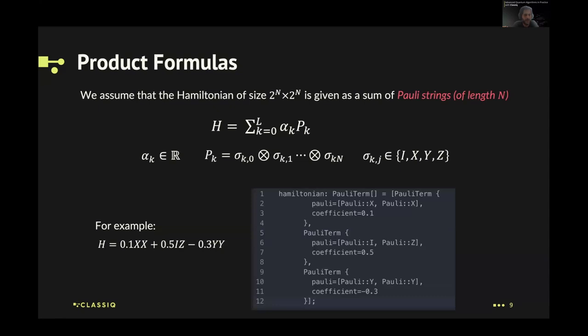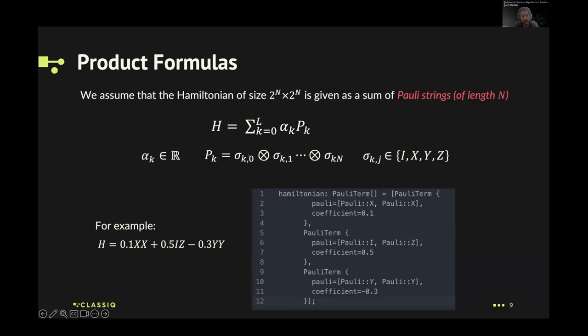Okay, so I'm assuming that my Hamiltonian is a matrix of size 2 to the n times 2 to the n, and that the Hamiltonian is given as the sum of Pauli strings. So any matrix can be written as a sum of Pauli strings. So what is a Pauli string?